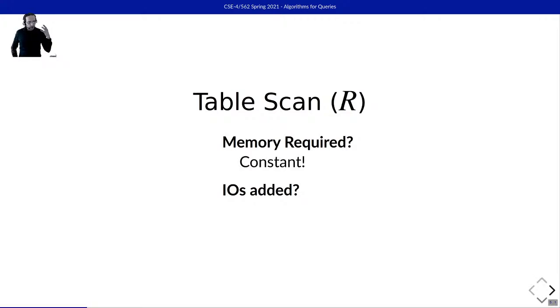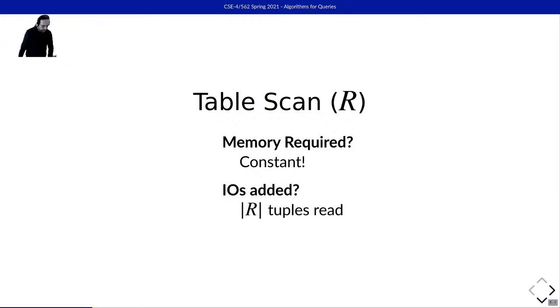Yeah, so the amount of memory that we need here is fixed. We're reading one tuple out of the file, and we're spitting it out. We're passing it on. We never need to look at more than one tuple, or if we're being honest with ourselves, a small buffer of tuples at a time. How about IOs? So obviously we need to read the entire table in. So that's the number of tuples that the table scan operator is going to add.